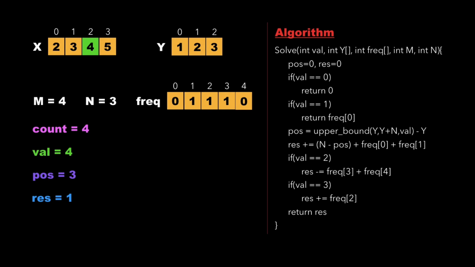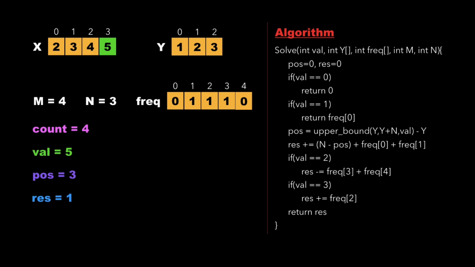So till now we have got 4 pairs, and we move further where the value of val is 5. We call the solve function and declare two local variables, namely position and result. Then we calculate the value of position as 3, which is the size of the array, and then calculate the value of result as the number of elements in y which are greater than val, plus frequency of 0 and frequency of 1.